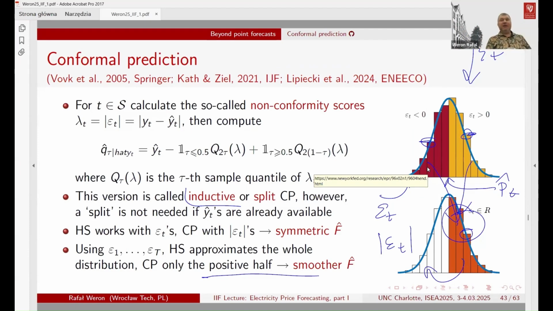So this is what these epsilon t's are here, and how we build these histograms. So it has to be the same model. You cannot use the errors of a different model, epsilon t's, to build a forecast around a different model's point forecast. That wouldn't make sense.